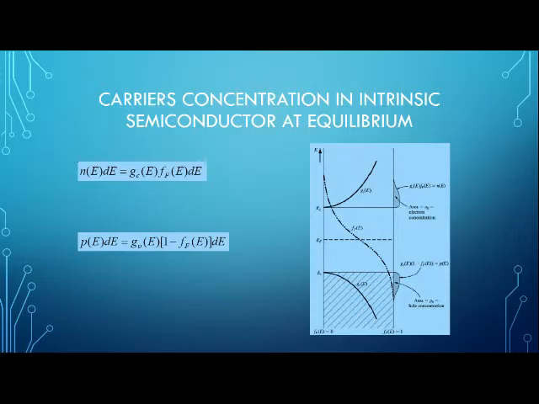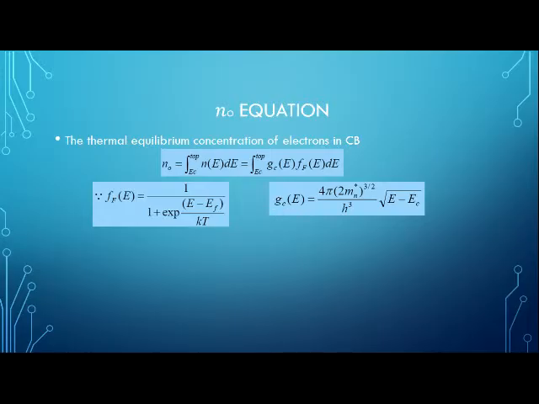This graph shows the population of electrons and holes at equilibrium, where the Fermi level is in the middle of the valence band and the conduction band. The thermal equilibrium concentration of electrons in the conduction band, n0, is equal to the integral of the population density of electrons in the conduction band, where we use the Fermi-Dirac distribution as we know that electrons are fermions.